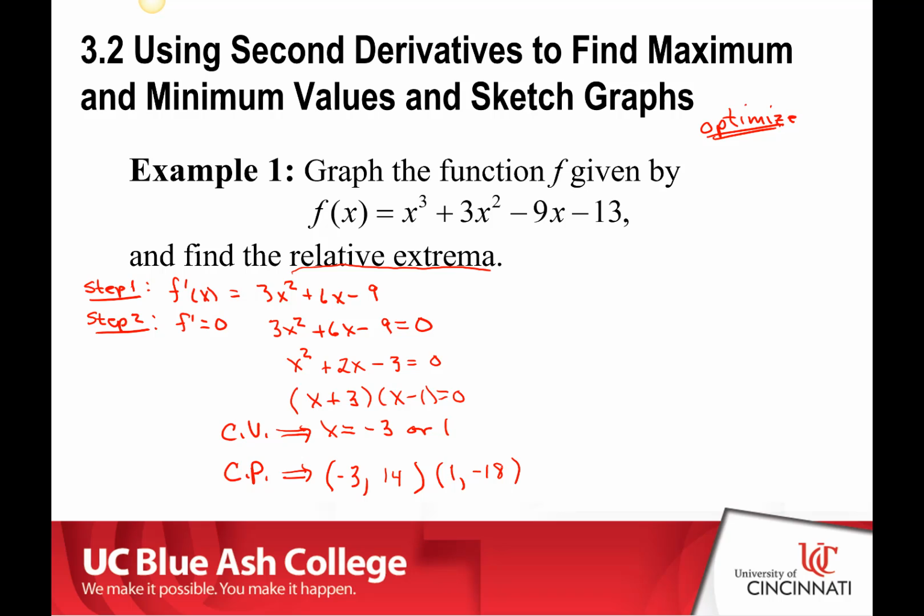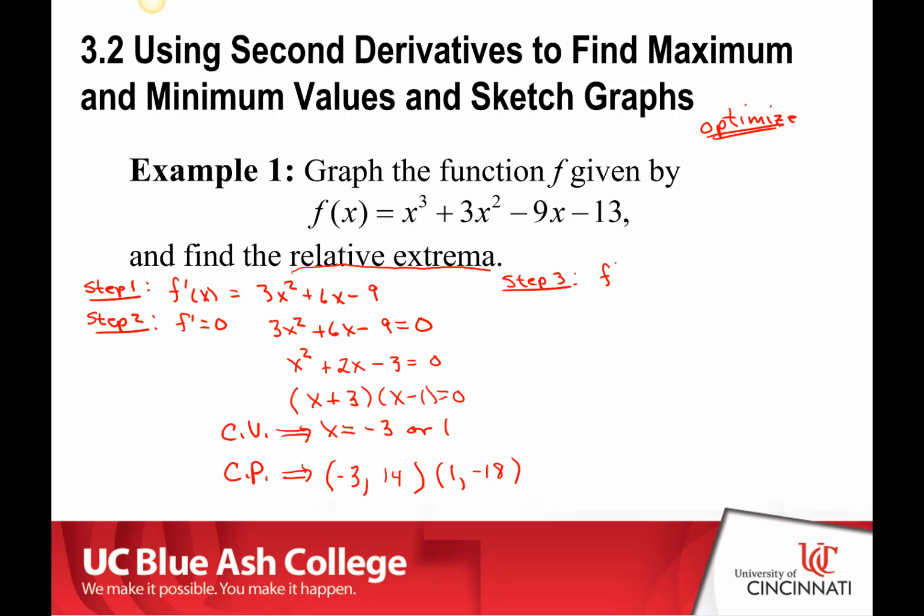So what we've done on step 2 is to set the derivative equal to 0. We've determined what the critical values are. From that, we got the critical points. Everybody's good so far? Then what I'm going to do are a couple things. Step 3, here comes a new one for us.